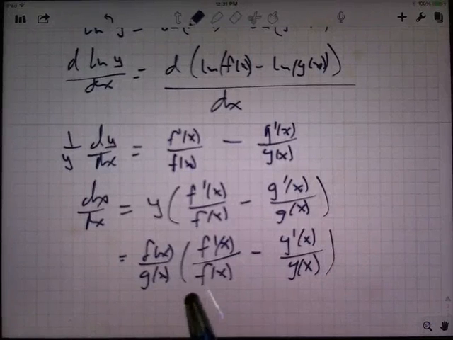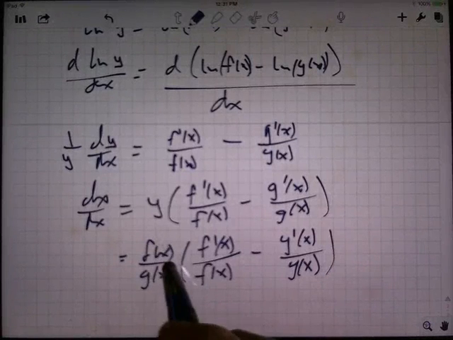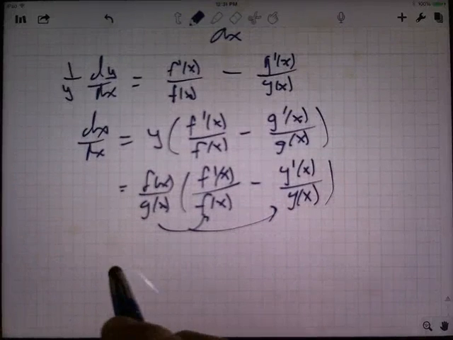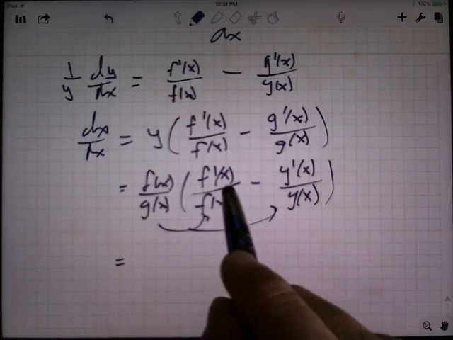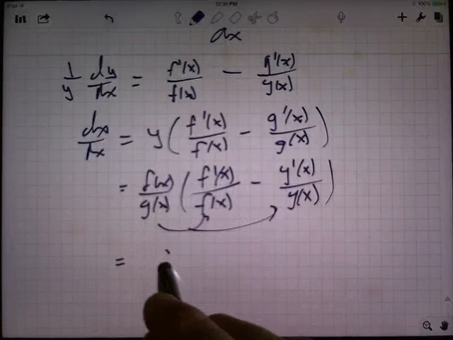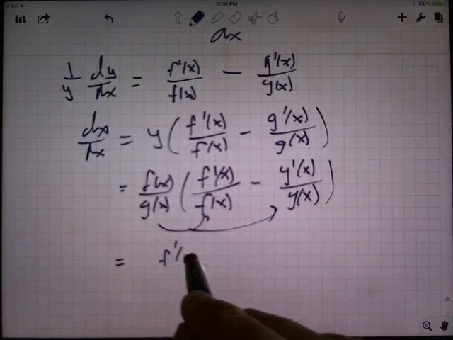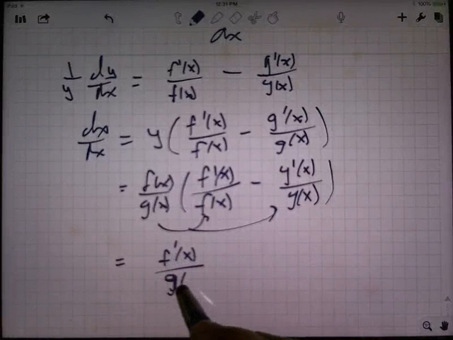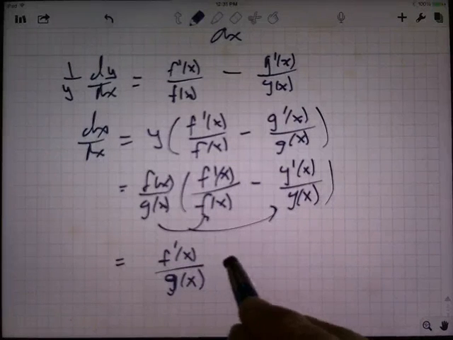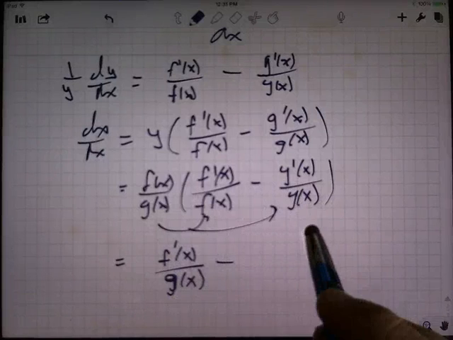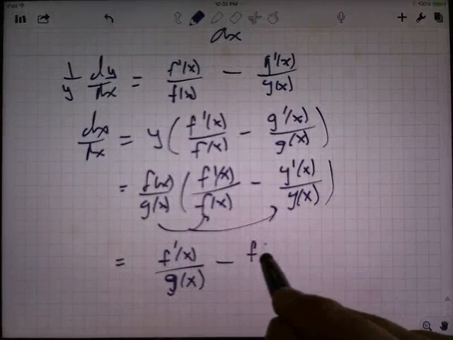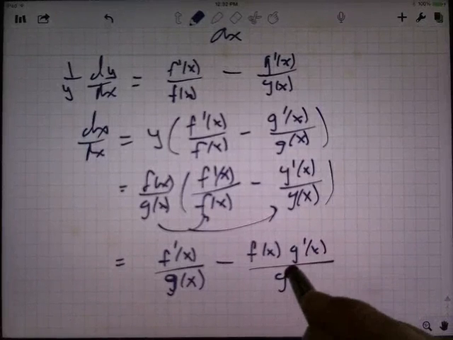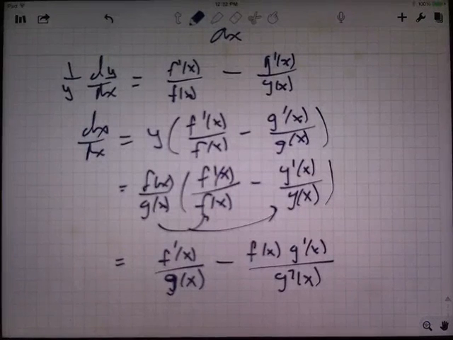And now I'm going to use a distributive property and multiply this fraction times both of those. When you multiply it times the first one, the f's cancel out, and I've got f prime of x divided by g of x. And then this times the second fraction, nothing cancels out. You've got f of x times g prime of x divided by g squared of x.